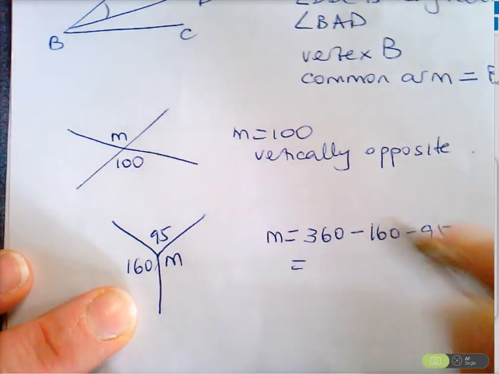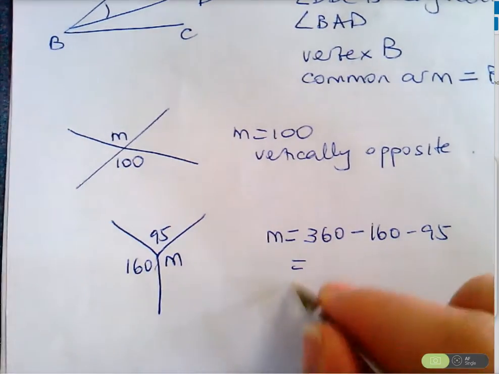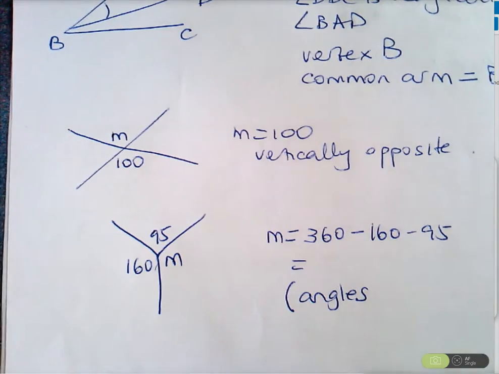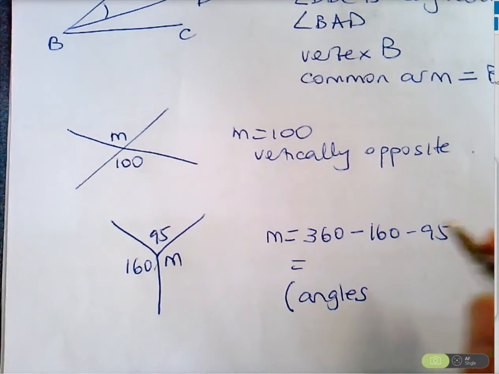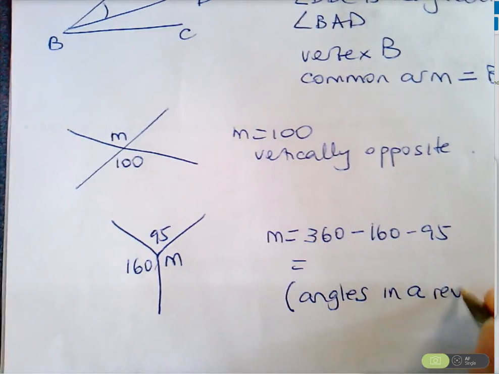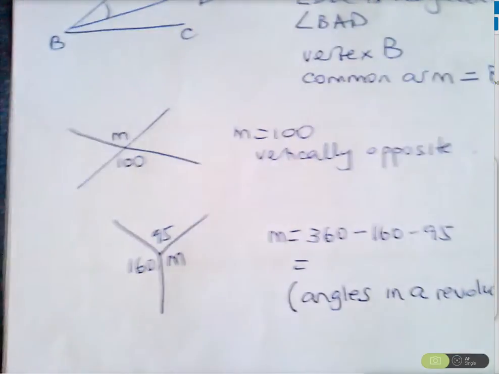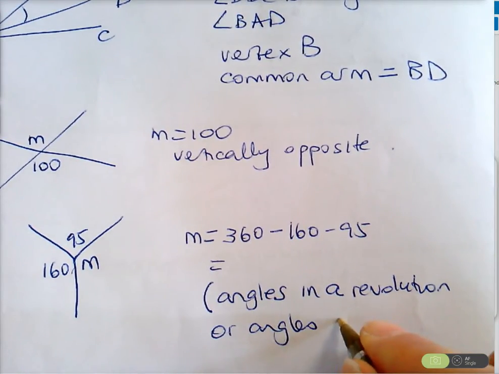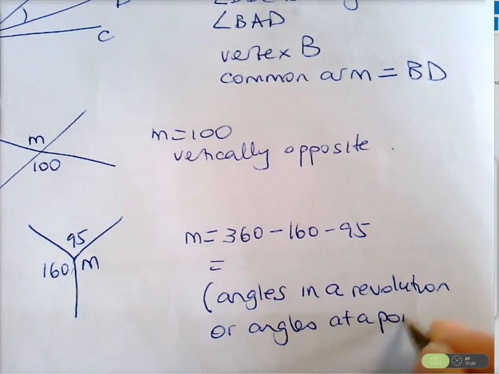And what is it? I'm not worried about what the answer is, but what's the reason? Angles. Girls, what's the reason? What's the reason you work it out that way? No, correspond. Angles in a revolution or angles sum at a point. Angles at a point.